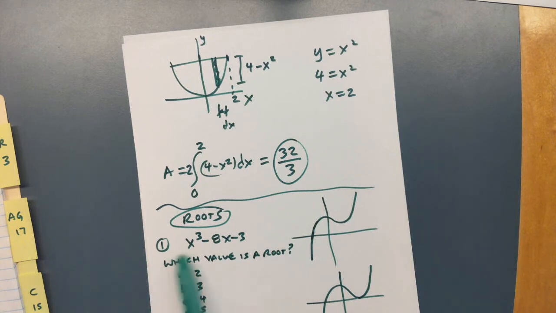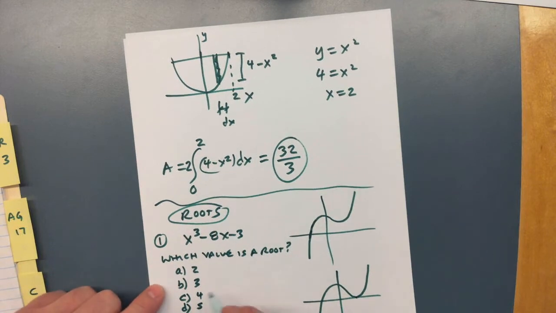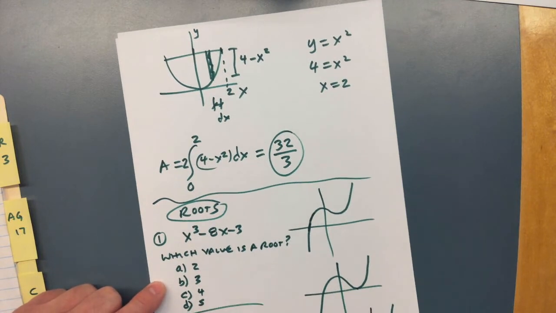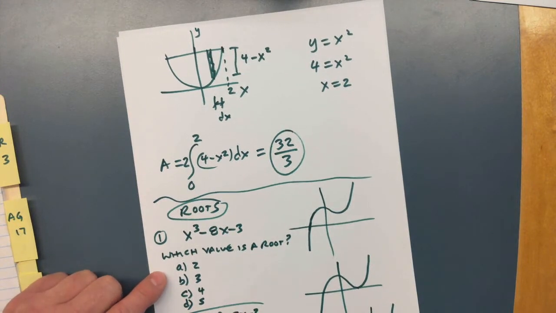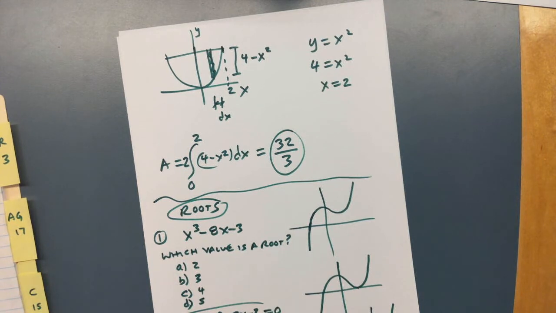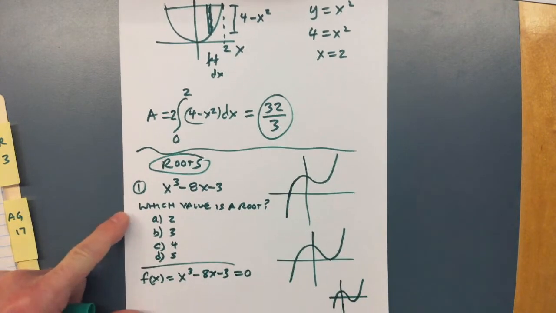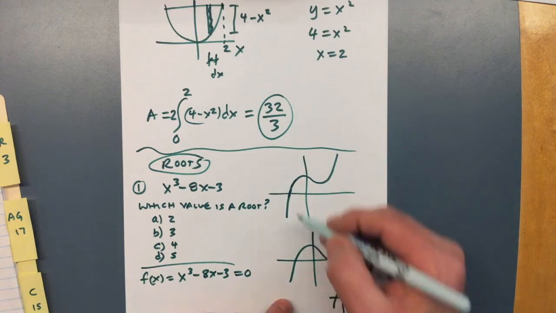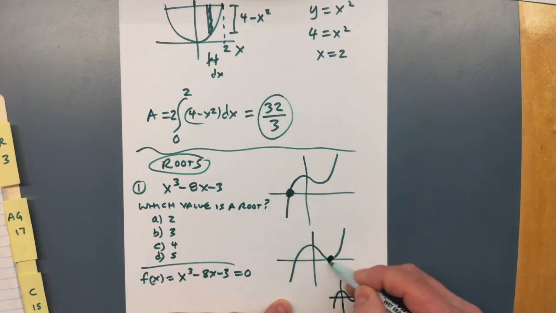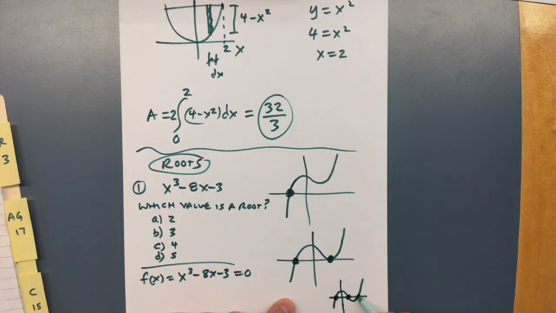So this function, you could define it as f of x equals x cubed minus 8x minus 3, and then plot it, and then set it equal to 0. That's where it has its roots, where it crosses the x-axis. So in this case, you'd have one real root, here you'd have 3 with 2 of them repeating, and here you'd have 3 distinct real roots.